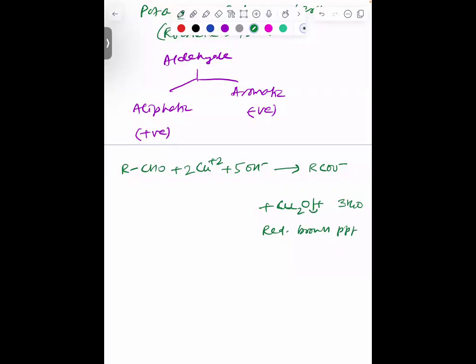That means we can use both Tollens' reagent and Fehling's solution for detection of aldehyde.